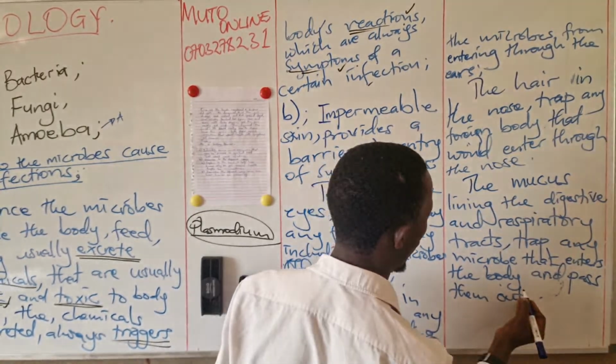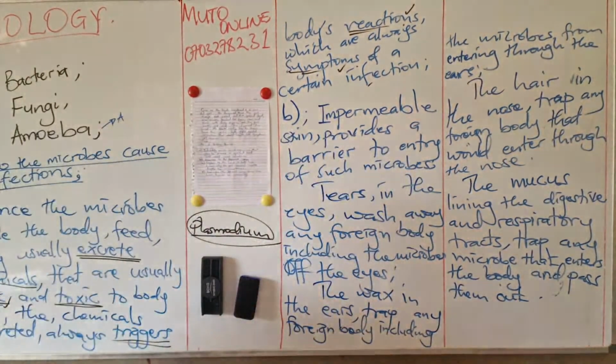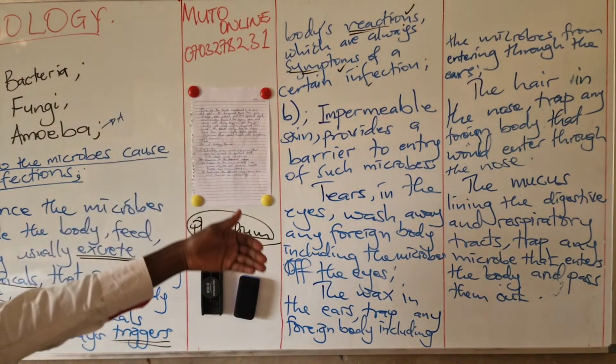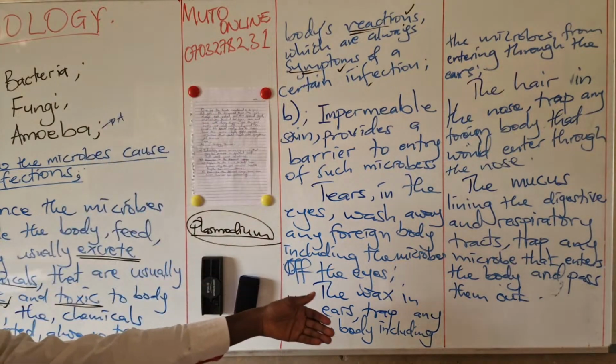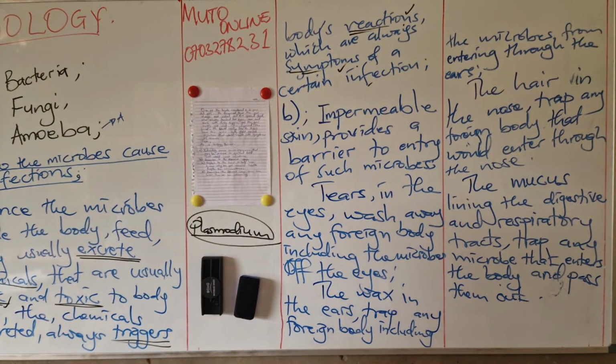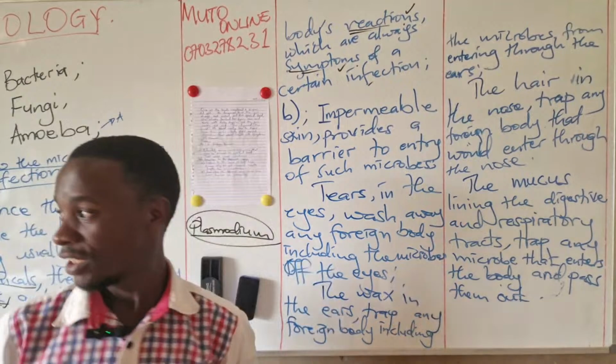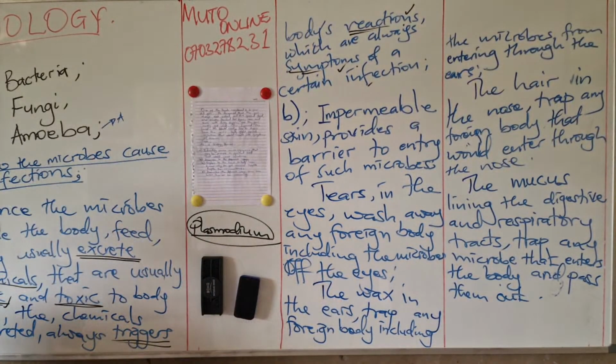When you get some flu, the flu is a body reaction to the emergence of certain microorganisms or foreign bodies that would cause infections. So we are looking at the different ways the body defends itself against infections.